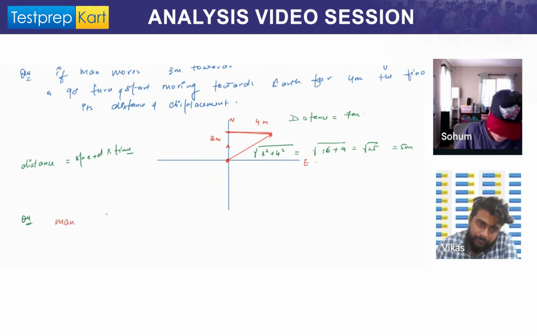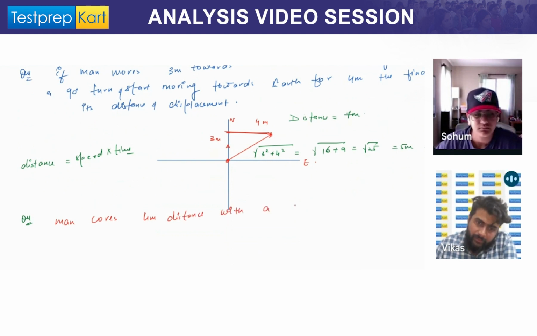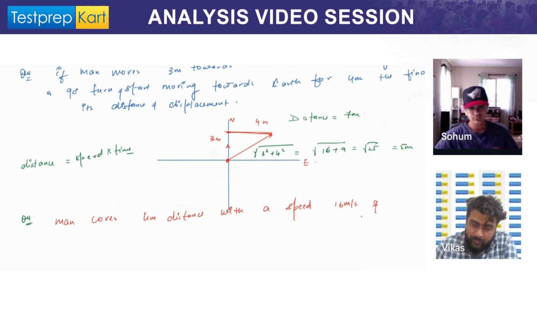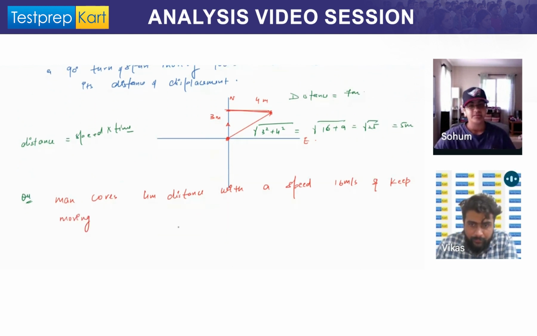A man covers 4 meter distance with a speed of 16 meter per second and keeps moving for the next 5 seconds and stops.